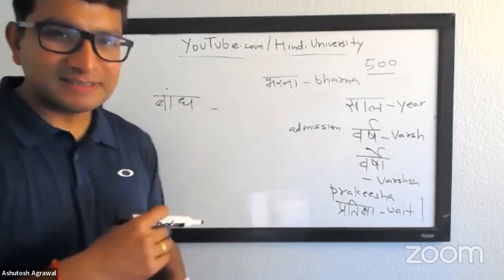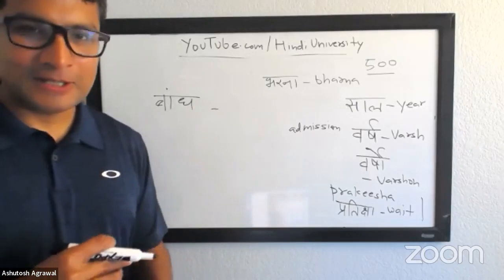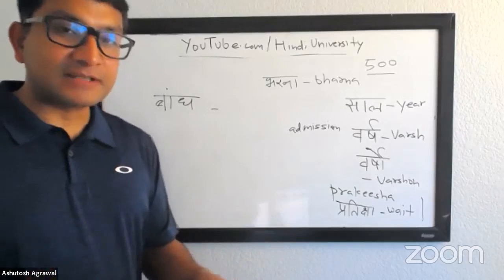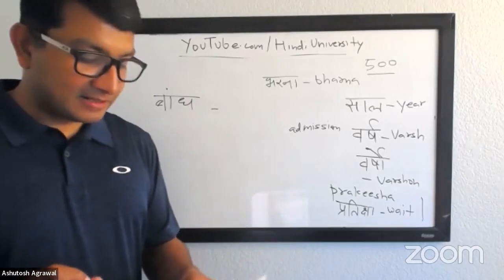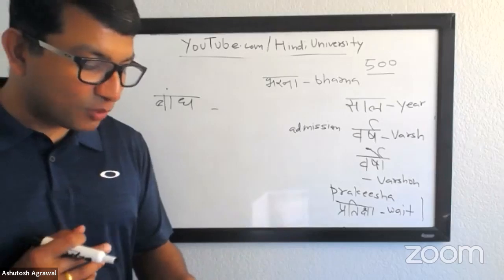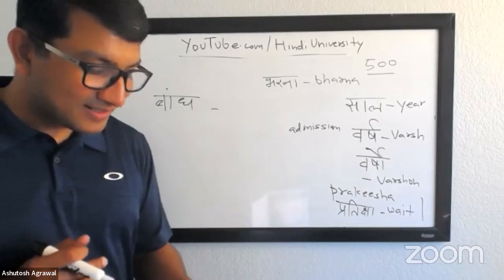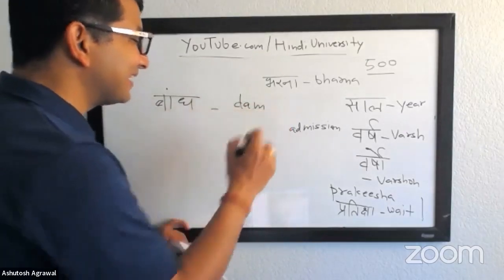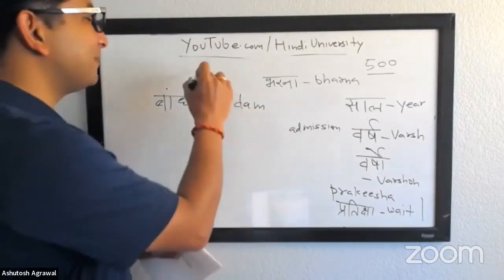Okay, that's bandh. So let's say they're making something, and it's the cost of making it. I think I wrote it very modestly. It should be more than that. It's a dam. Yeah, that's right. Dam, like Hoover Dam.